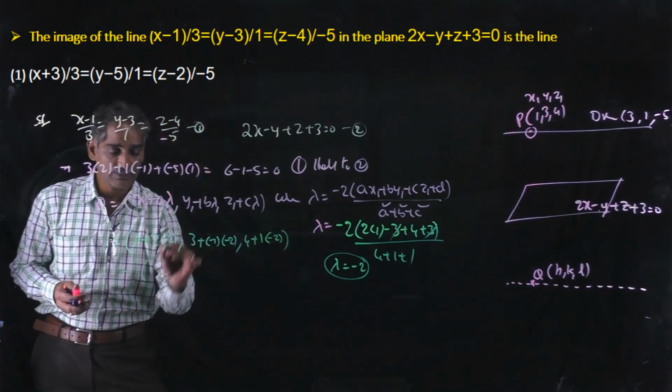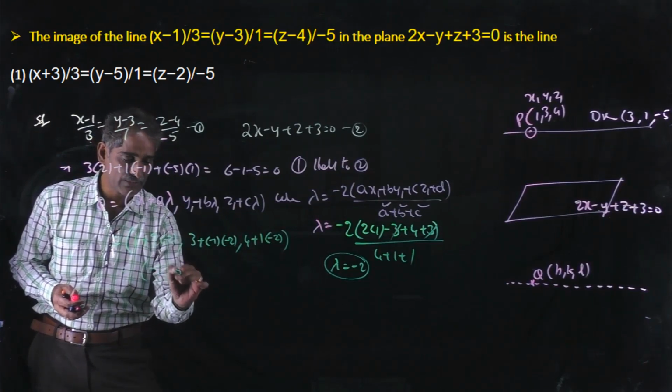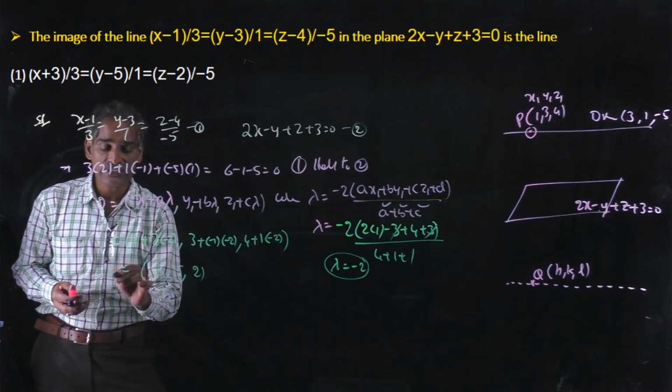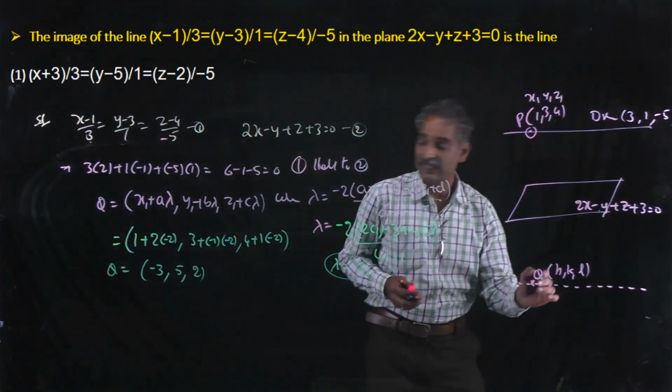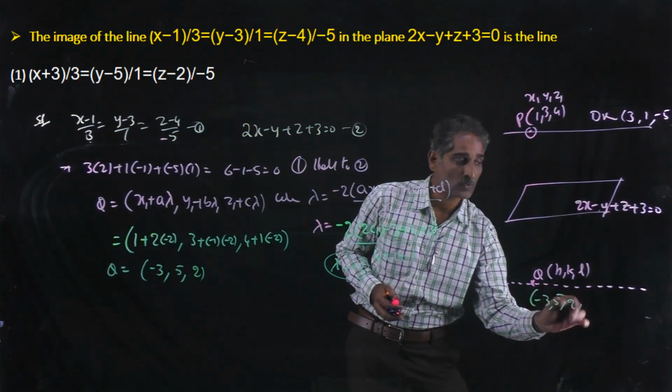Now 1 minus 4 minus 3, 3 plus 3, 3 plus 2, 5, and 4 minus 2, 2. This is the image of P with respect to the plane. Therefore, now the point is minus 3, 5, 2.